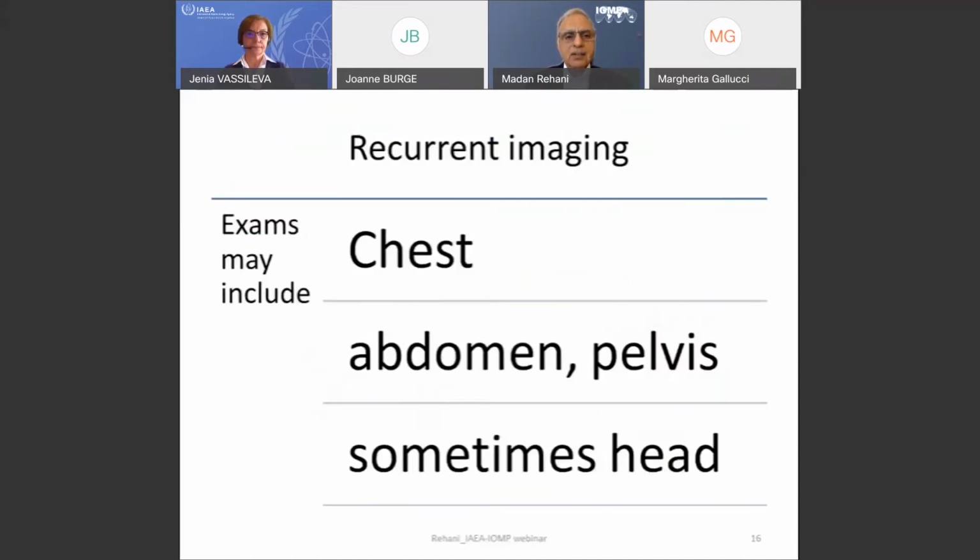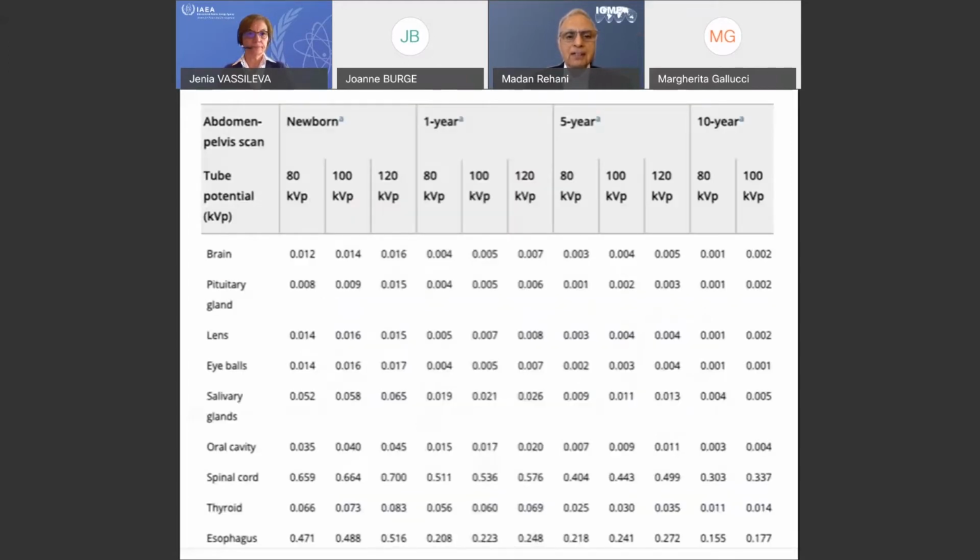So let us now look at the other possibility, how to look at the dose. For example, when we are talking of recurrent imaging, it may involve chest, abdomen, pelvic, and sometimes head also. And if one looks at the table of any CT exam, this was of course for pediatric, but there are similar tables for adults, the brain, pituitary gland, lens, eyeball, so all that.